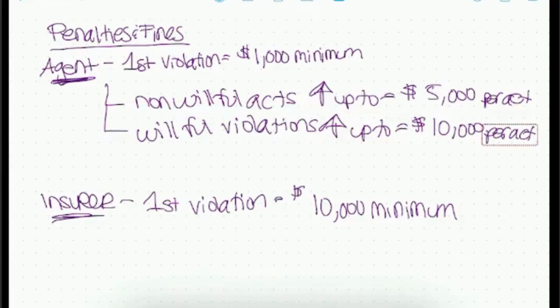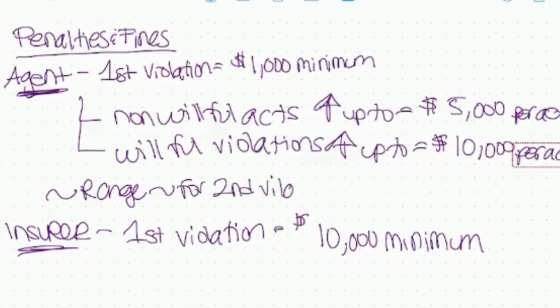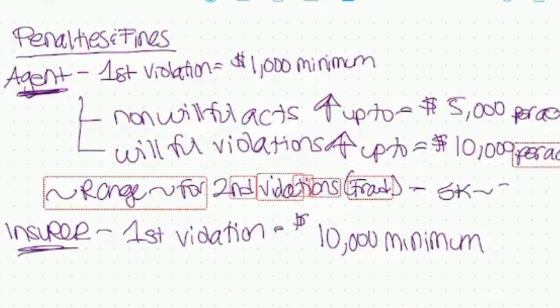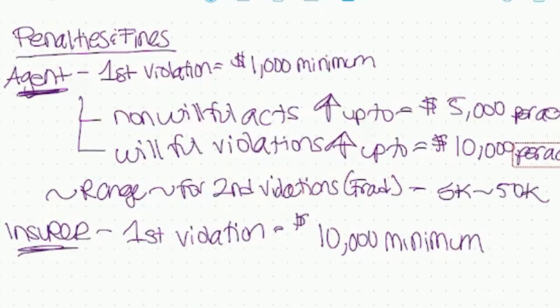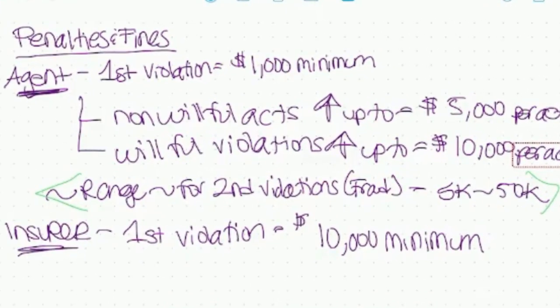And we did see the range, right? So the range for second violations or fraud, which we're going to get into, is $5,000 to $50,000. You're not generally going to be asked this range question. It'll be specific when we get into the fraud, but just so you understand why that was on that slide, why we went over it. Okay.